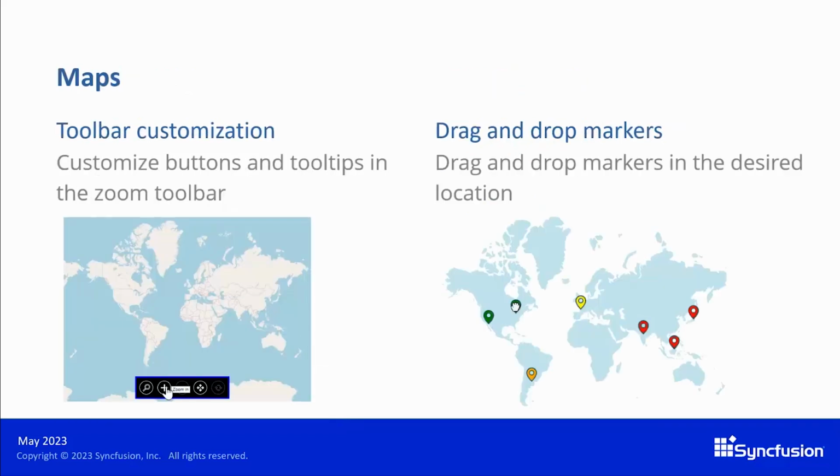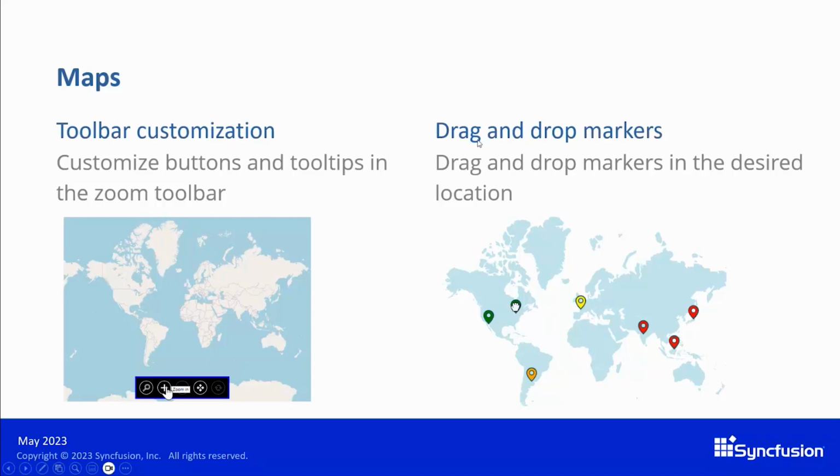And now coming to the maps component, you can customize the zoom toolbar. So here you can see a few icons and buttons available, even the tooltip that displays when you hover over these buttons. So you can customize them easily now with the built-in option.